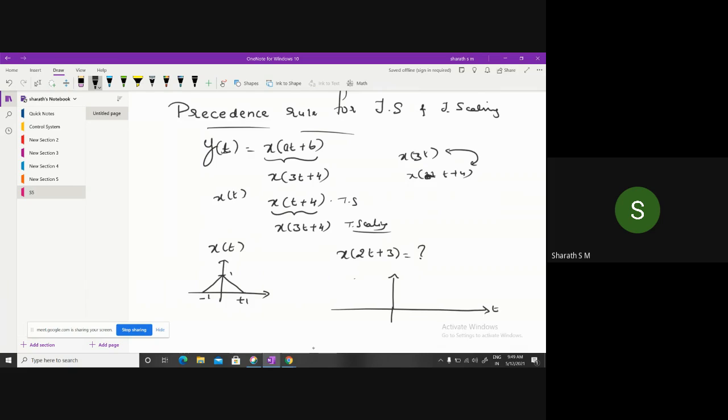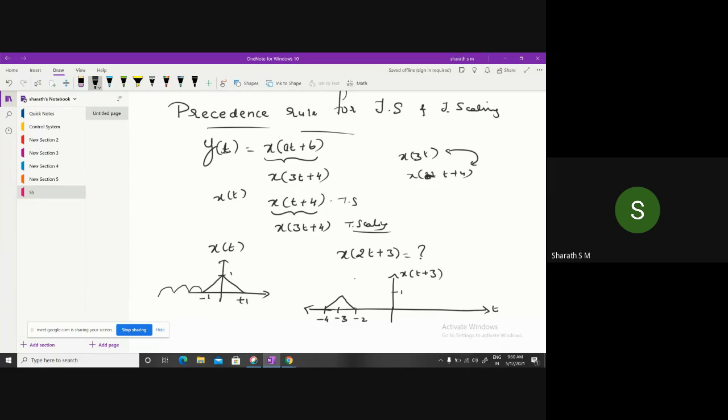From -1 it will be shifted to -2, -3 and -4. So the signal starts from -4, -3 and then -2, maintaining the amplitude level as 1. That is x of t plus 3.